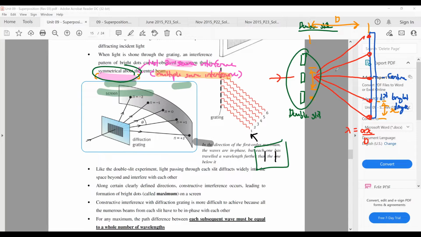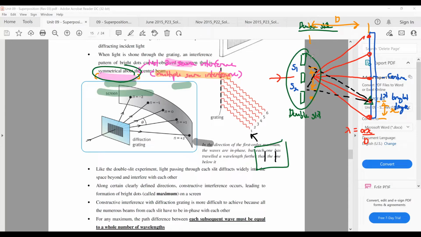If this is my double slit with slit 1 and slit 2 here, under the concept of path difference that I explained to you, waves from S1 and S2 will arrive at this point, and they will interfere constructively to give you that bright fringe.